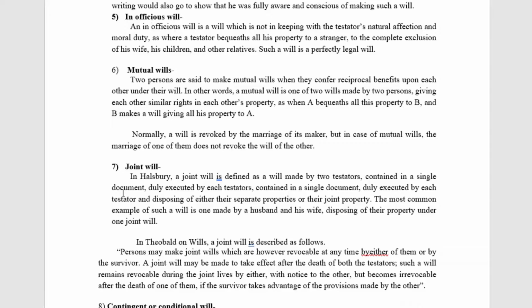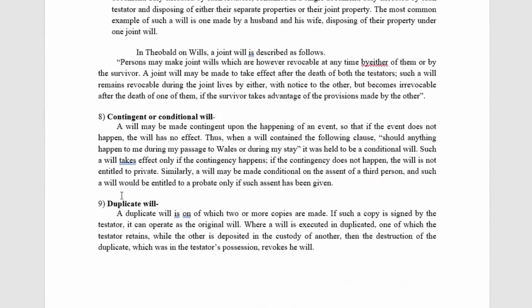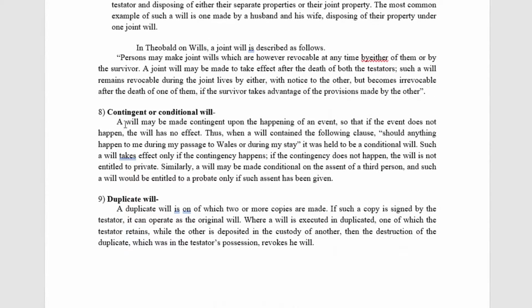And next one is the contingent will. The contingent will is a conditional will. Upon some condition, on the happening of a certain event or condition, the will has no effect until then. So on attaining such condition, the will takes effect. Last one is the duplicate will. Here the will can be prepared in duplicate.